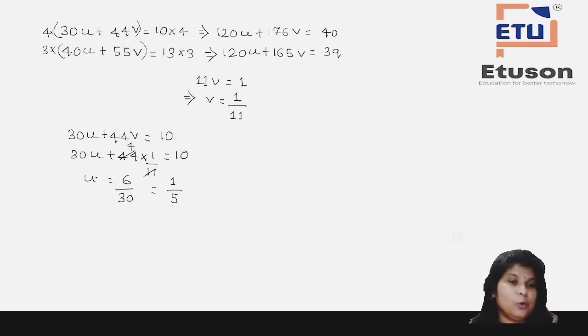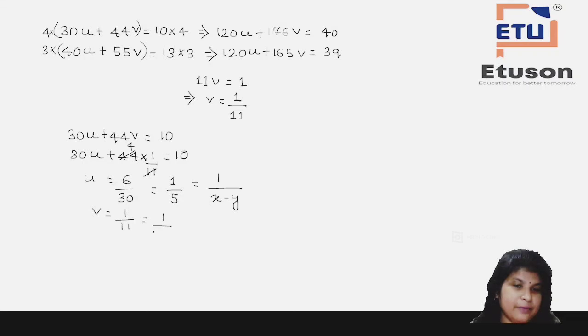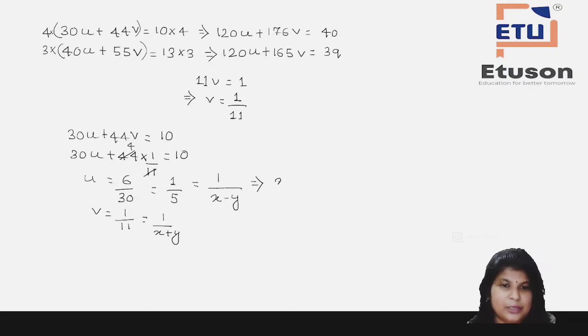Now, what is u? u is equal to 1 divided by x minus y. Correct or not? What is v? v is equal to 1 by 11, that is equal to 1 divided by x plus y. It implies your x minus y is equal to 5 and your x plus y is equal to 11.